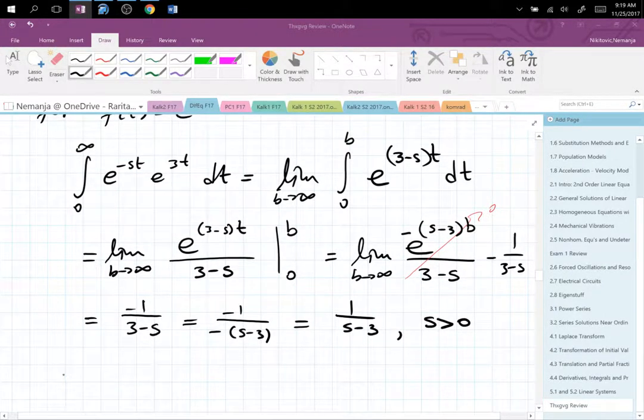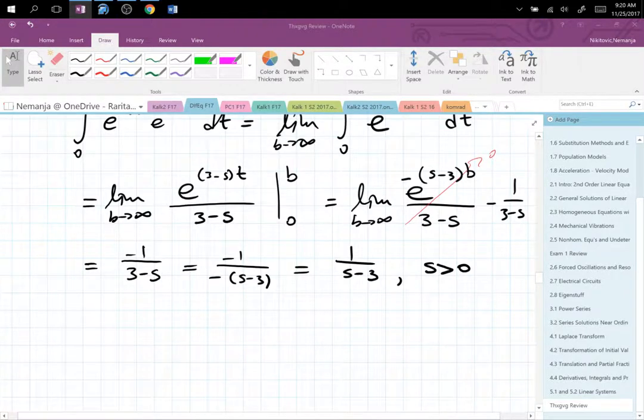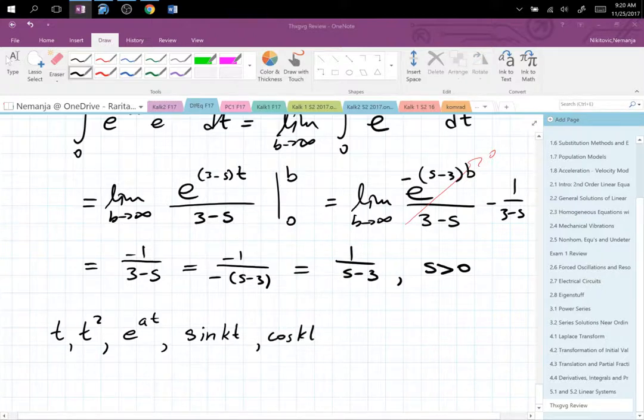So the candidates for this kind of calculation are t squared, e to the at, sine kt, cosine kt, and then sine hyperbolic kt, cosine hyperbolic kt.